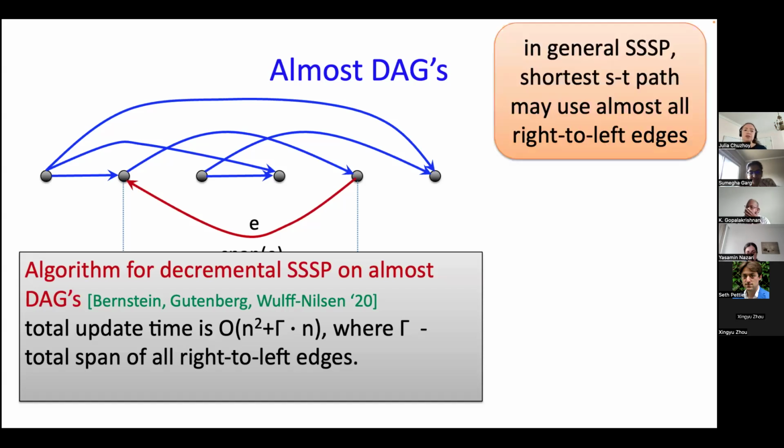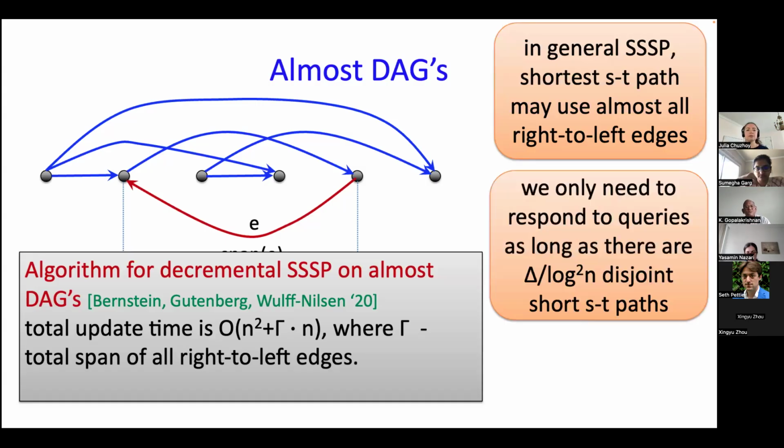Now, if we look at the general single source shortest path problem, even if the query is just between S and T, it's possible that the shortest or all almost shortest ST paths use a lot of these right to left edges. Maybe they use all of them. But for us, we only need to respond to queries as long as there are a lot of short and disjoint ST paths. And these right to left edges need to be distributed among these short ST paths.